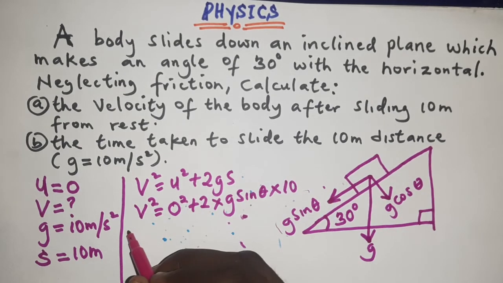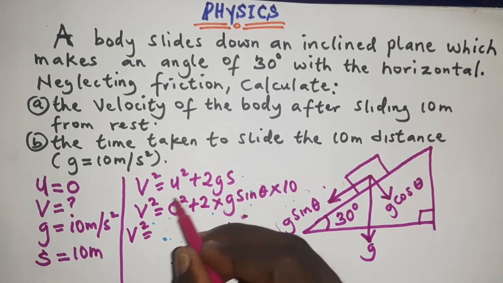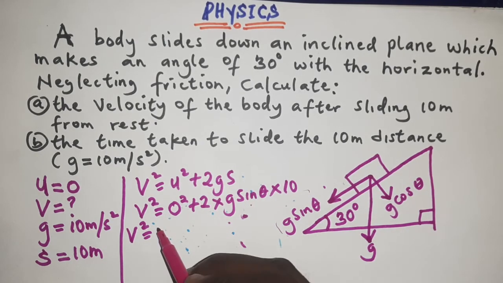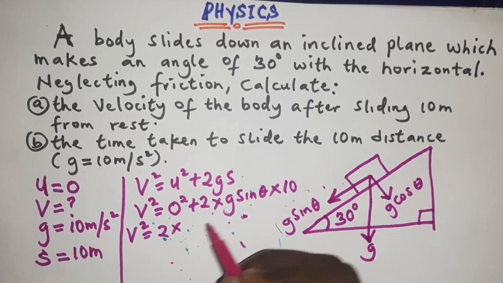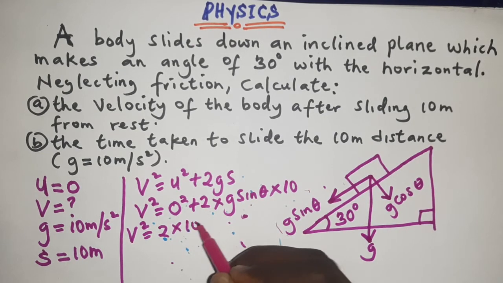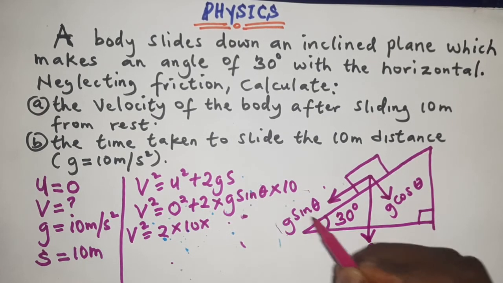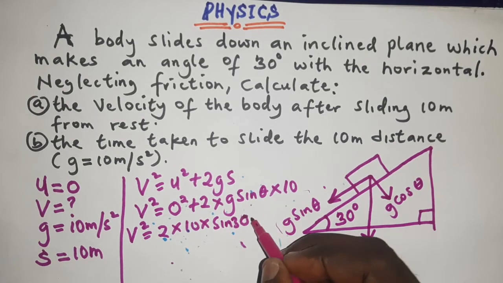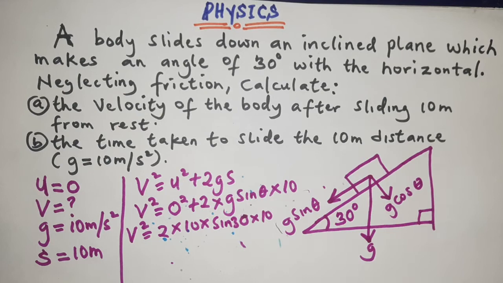Rewriting it, v squared equals 0 squared, which is 0, so I'll be left with only these values. So that will be 2 times g, which is 10, times sine theta. Remember the theta is 30, so times sine 30 degrees, then times this 10.